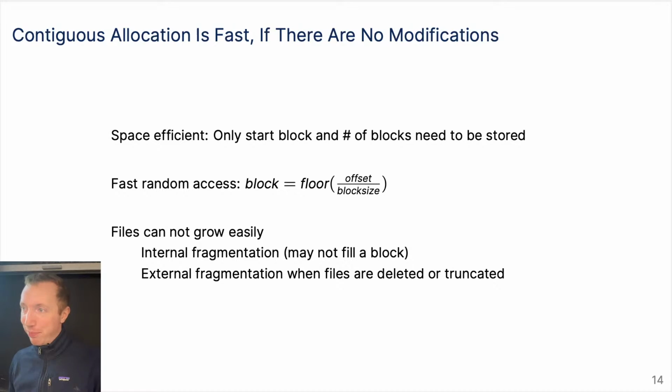But you have the problem where files can't really grow that easily. There's going to be lots of external fragmentation when files are deleted or truncated. We might have these big gaps, and you probably don't want them, and we can do better for files.